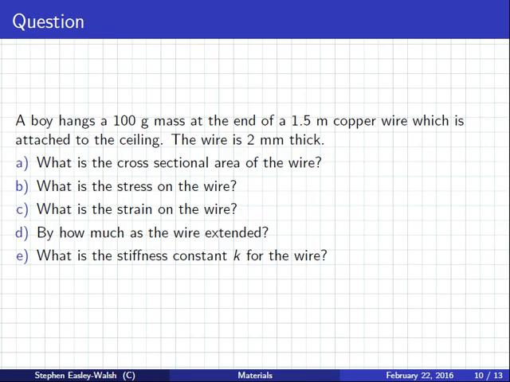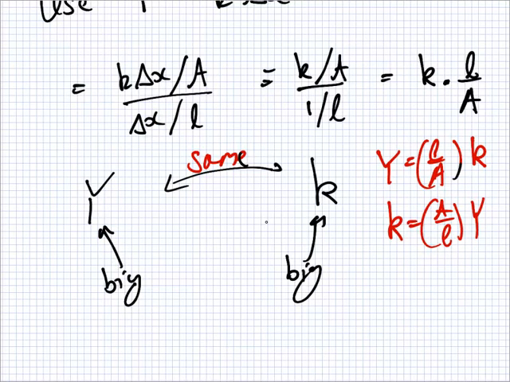Okay. Let's have a look at this one now. This is the type of question you might get in the exam on this. So firstly, it's a copper wire, and the boy hangs a weight at the end of it.